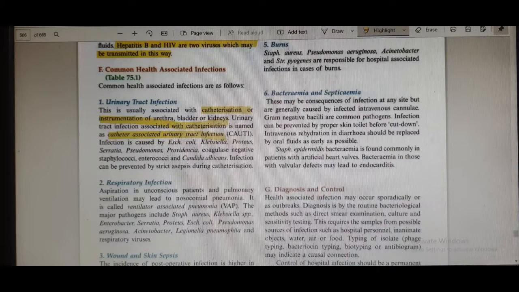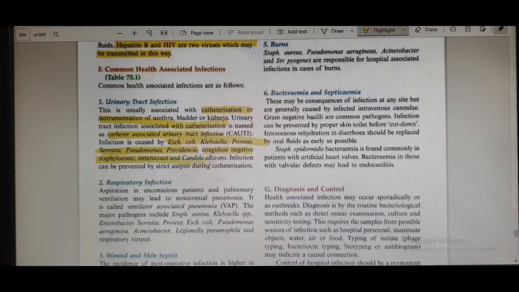The microbes causing urinary tract infections are Escherichia coli, Klebsiella, Proteus, Serratia, Pseudomonas, Providencia, coagulase negative Staphylococcus, Enterococci, and Candida albicans.